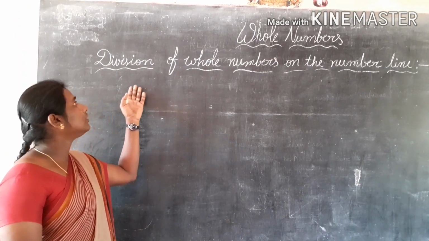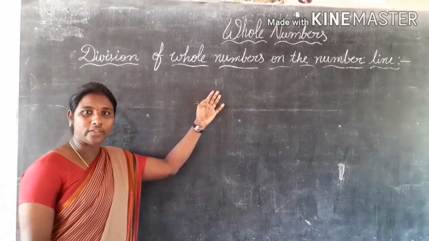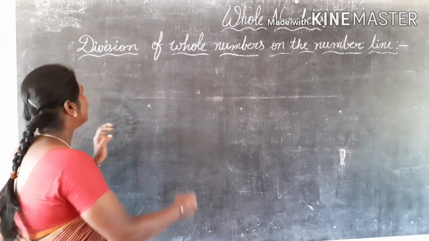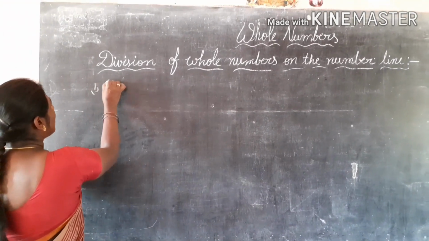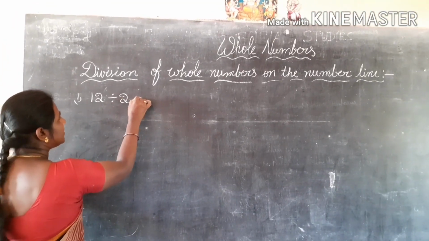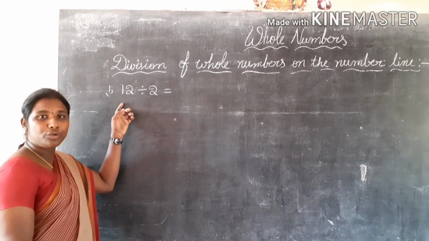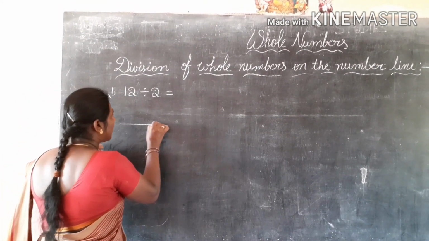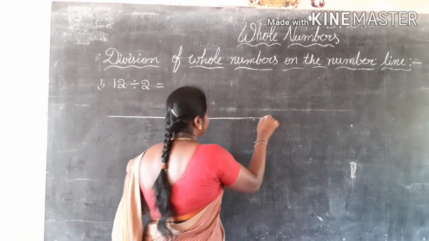Next we are going to learn division of whole numbers on the number line. For example, suppose 12 divided by 2. How do we do this division on the number line? First we have to draw a number line.